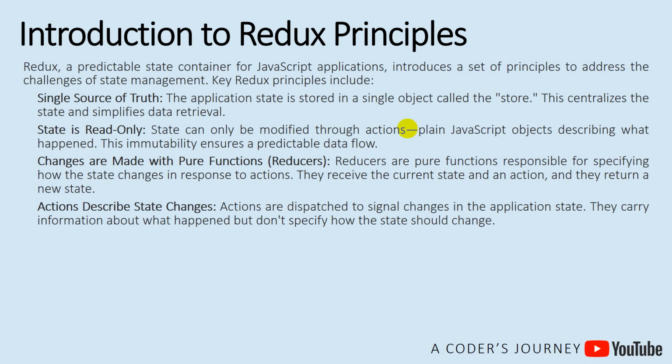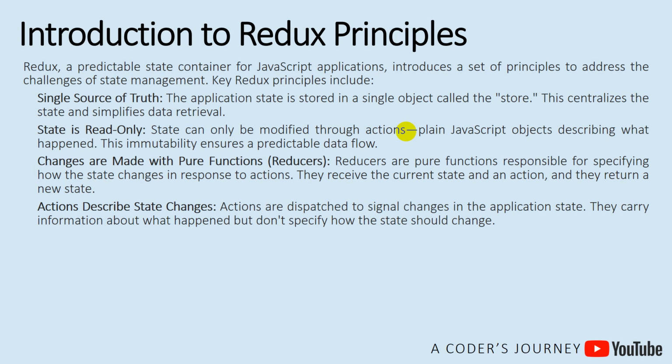They do not specify how the state should change. This is the responsibility of reducers. Reducers take the state, the current state, as well as the action as input, and then they specify how the state changes in response to those actions. And of course, they return a new state, right? They do not modify the state because the state is read-only, as I told you about.